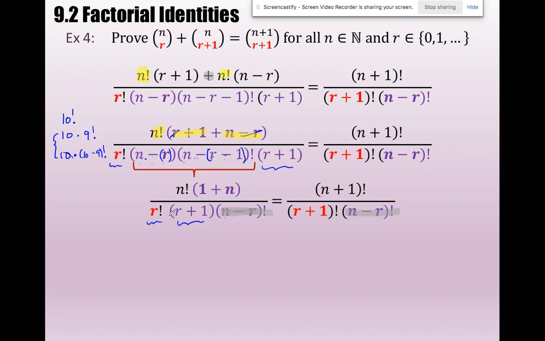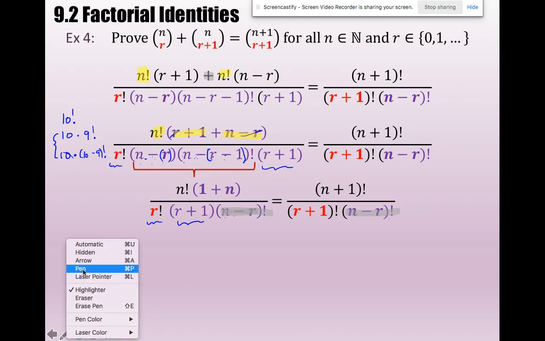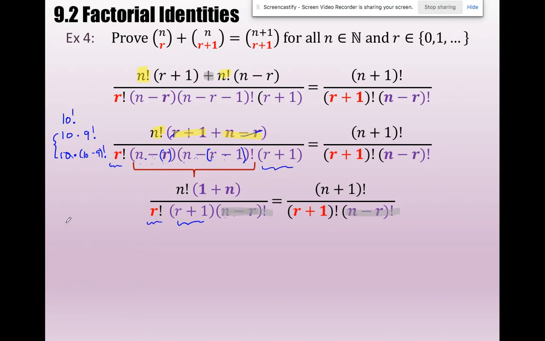But now look at what I have here. R factorial times r plus 1. What is that? Well, again, pretend r is 7. That's 7 factorial times 7 plus 1, which is 7 factorial times 8. But isn't that 8 factorial? So guess how I'm going to rewrite this?